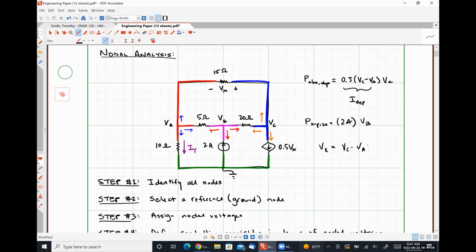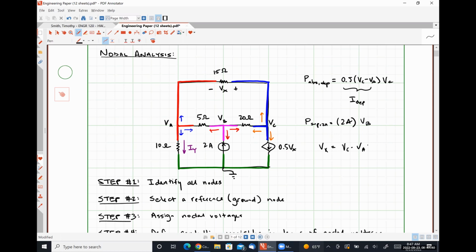We could use Ohm's law here, with these known voltages, to find any and every current in this circuit. We can use it to find any and every power in this circuit. Once we know these nodal voltages, within 1 to 2 more steps of stuff we've done before, we know literally everything about this circuit. We know the power, we know every voltage, every current, power supplied, power absorbed, all that kind of good stuff within just 1 extra step, okay?